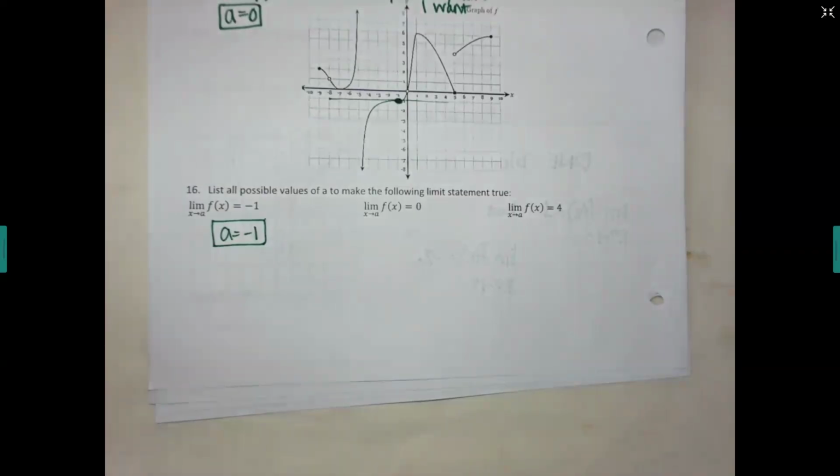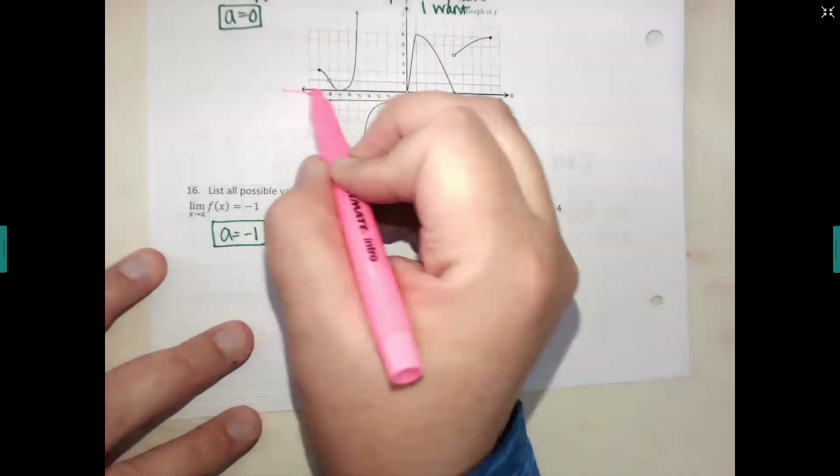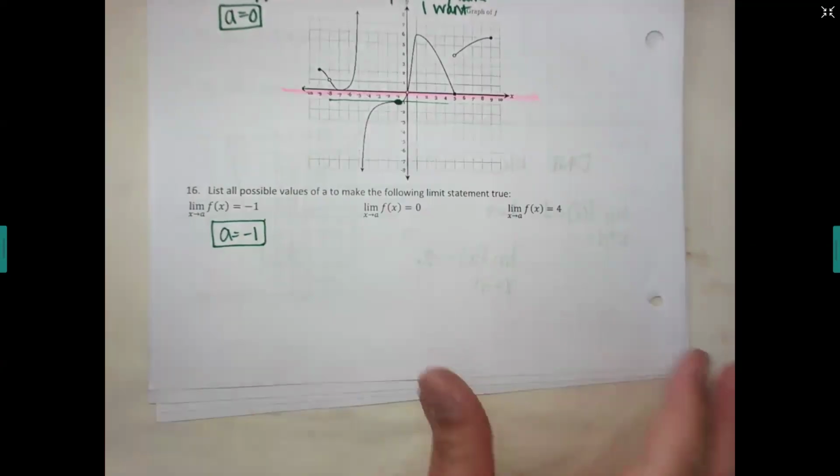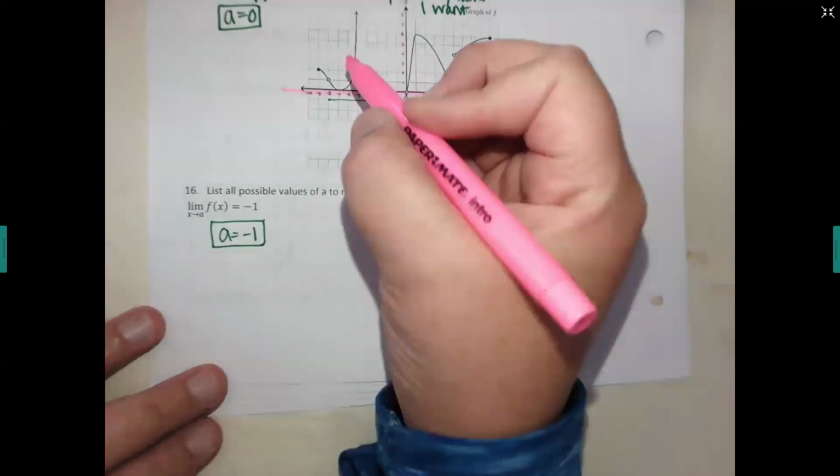Okay, now for the second one, you should have gotten multiple answers. So draw in a line at 0, find all the places that it crosses, and make sure that you found all of them. So 0 would be the x-axis, and there are 3 places that my graph crosses.